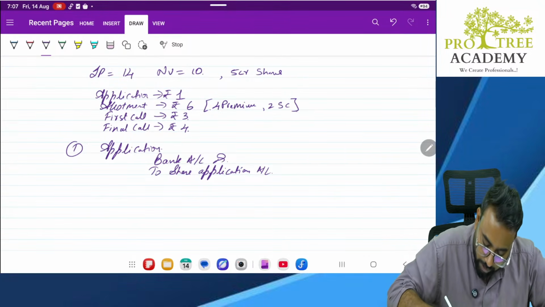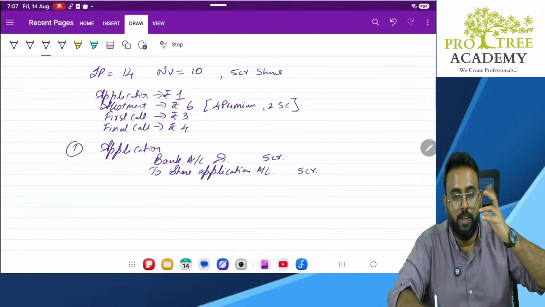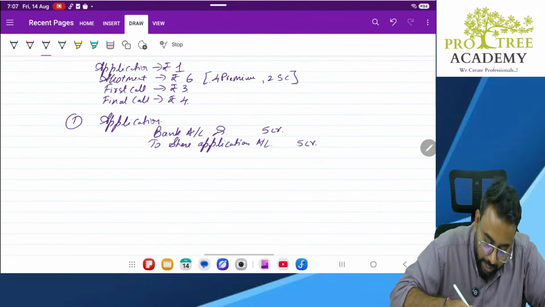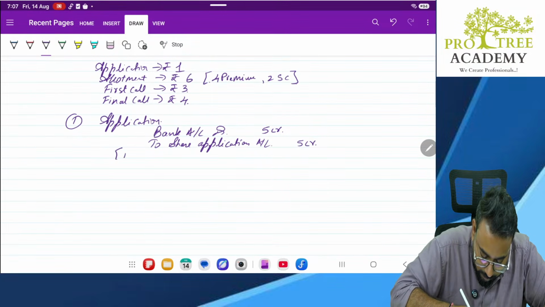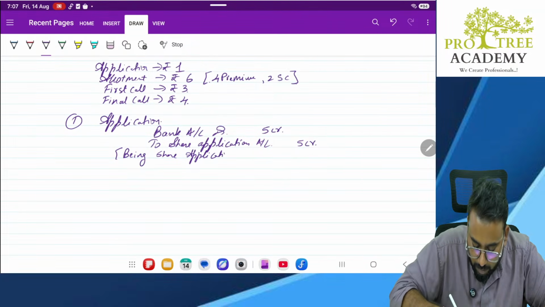So 1 rupee into 5 crore is 5 crores. Next, narration is important: being share application money received.